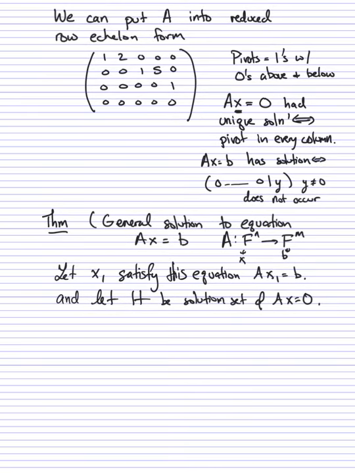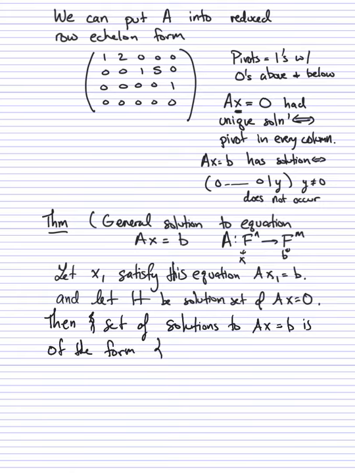Then the set of solutions to Ax equals b is of the form x equals x1 plus xh, where x1 is the vector that you're given, and xh is in H.